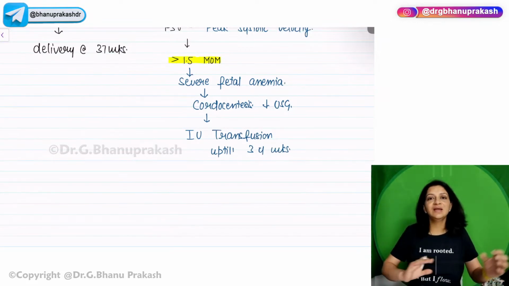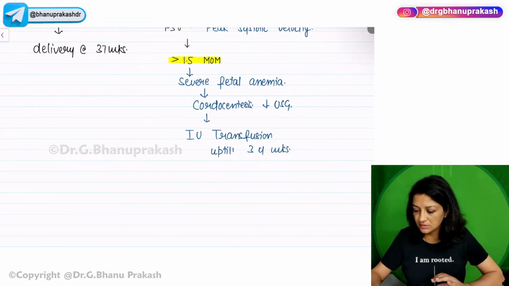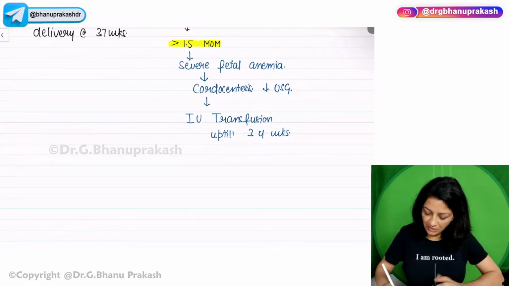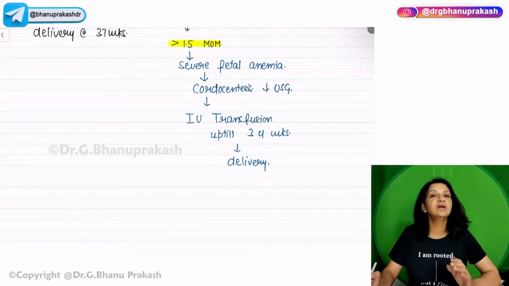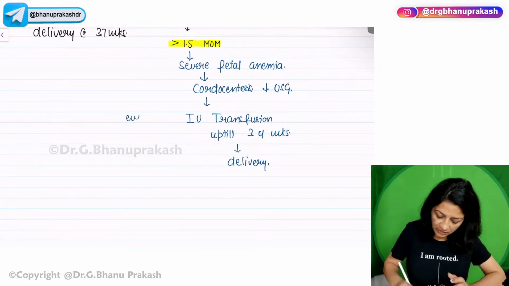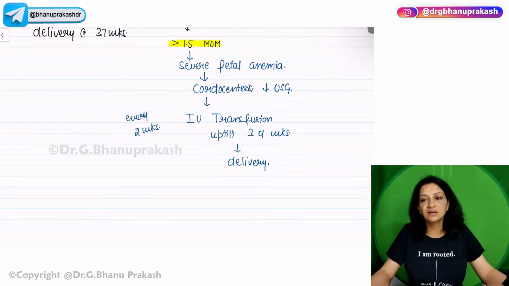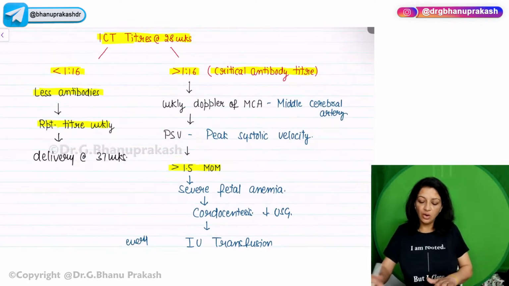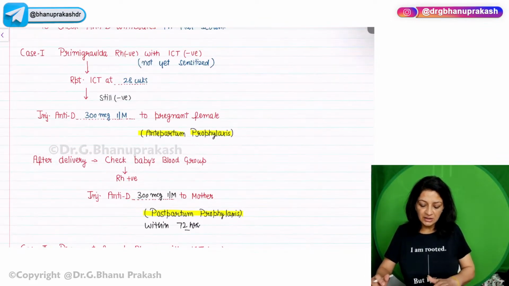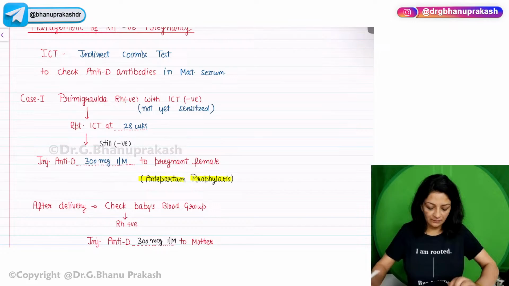Means we have to take the pregnancy till 34 weeks, when lung maturity is achieved, then delivery. Intrauterine transfusion is done every 2 weeks. So this is all about RH negative pregnancy.